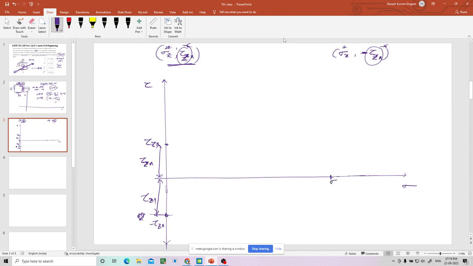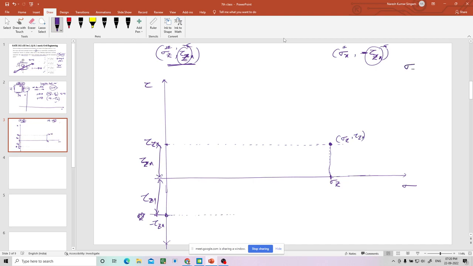Now this is sigma z. Let's see first, what is this point? Tau zx, and if I draw, it will come somewhere here. This is the point sigma z comma tau zx, and another point will be sigma x.